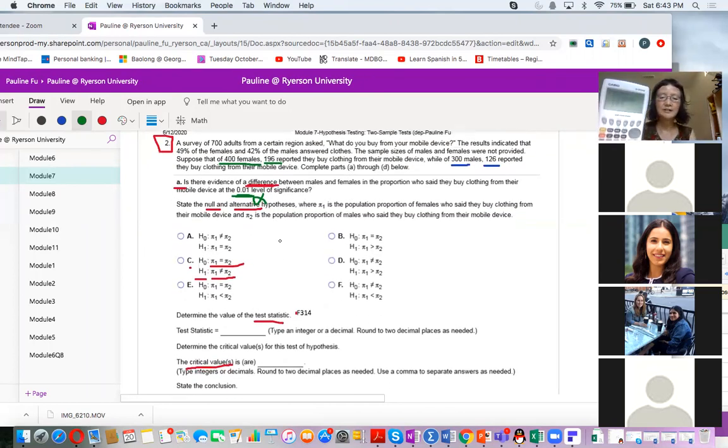Use calculator. Critical value, F5, distribution, F5, and then F1, normal distribution.